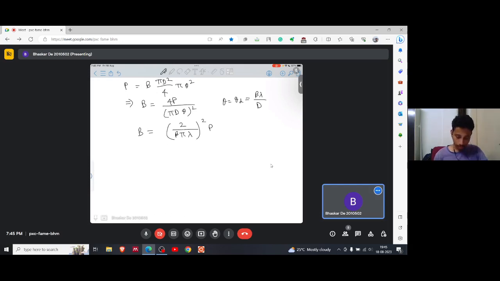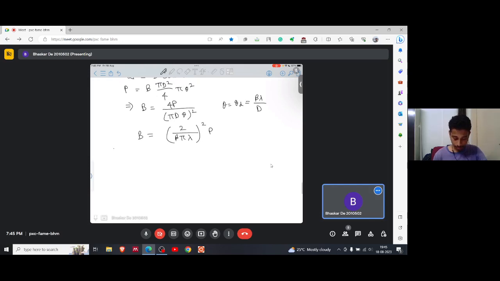So when the beam is diffraction limited, this is the maximum brightness that a beam of power P can have.